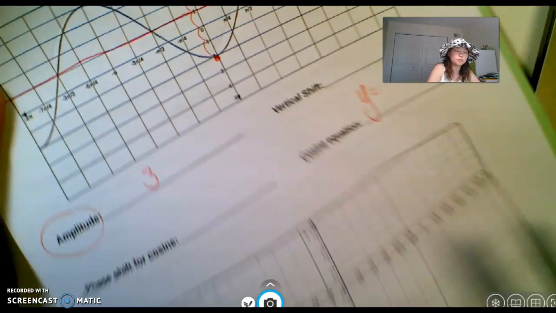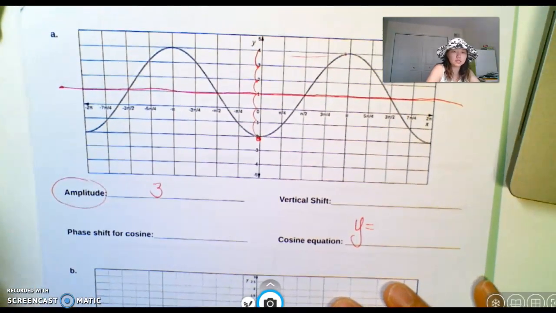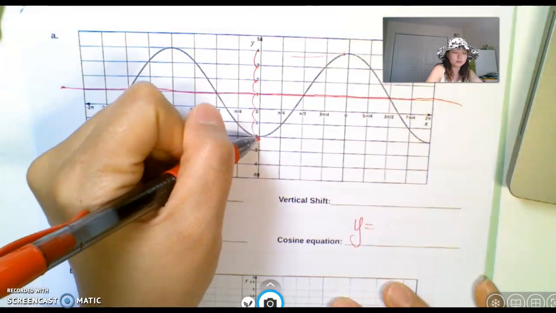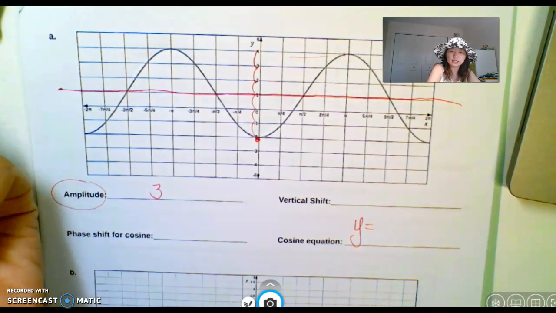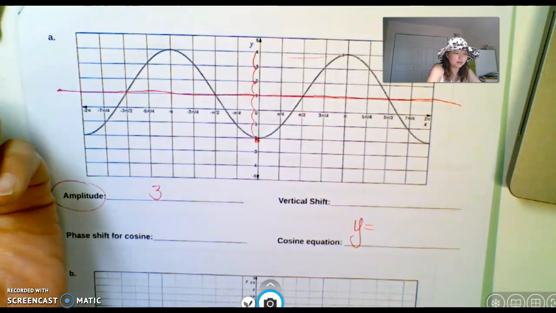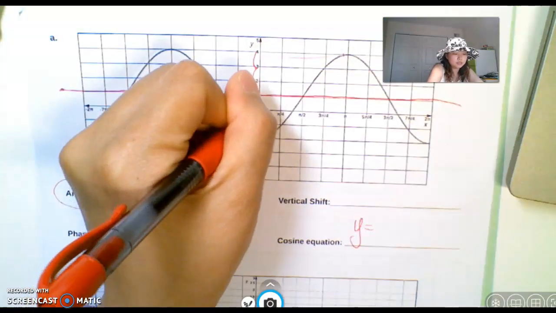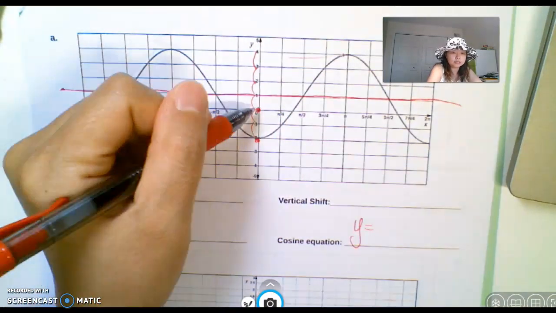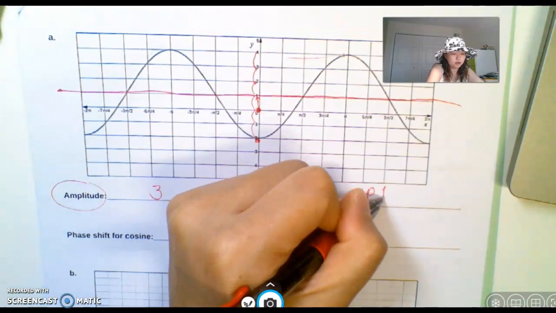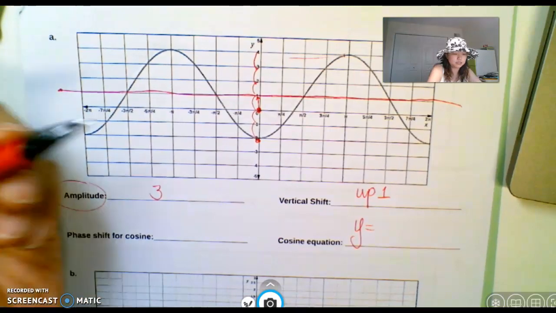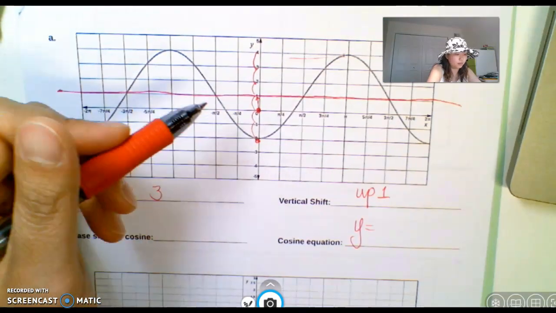For this, I don't want you to be confused. Just think about it like the sine. Because the origin is where it should start, but it didn't. It went up 1. So it's got to be up 1. Easy peasy.